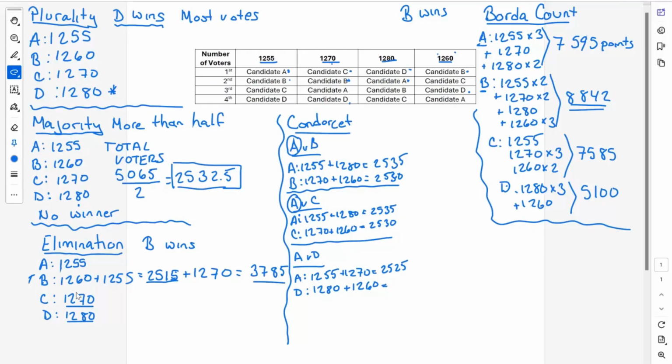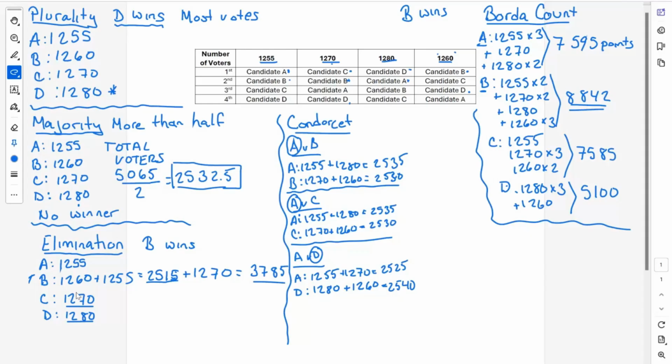And D has 1280 plus 1260, which is 2540. So here, D would beat A if we were only looking at this comparison between A and D. Okay.